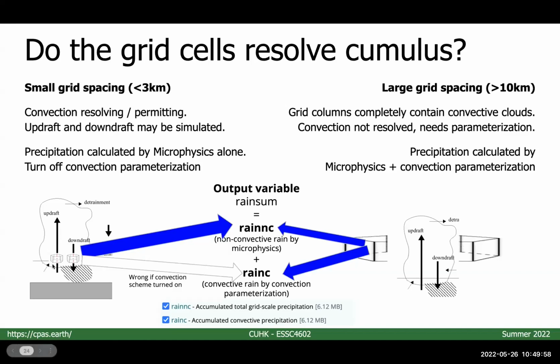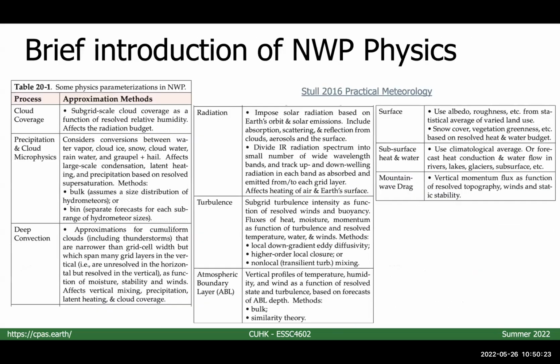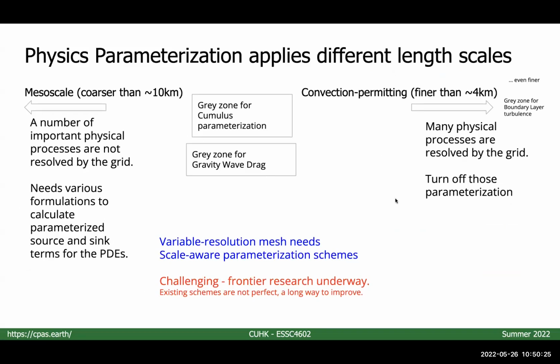So it is already having the capability of resolving cloud or permitting convection to appear in your simulation. So very often we call this resolution or resolution finer than this to be convection resolving or convection permitting. So this is this range of resolution.